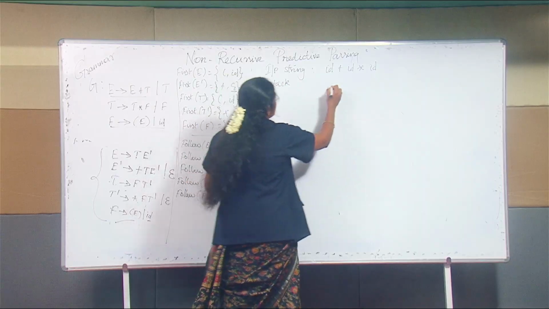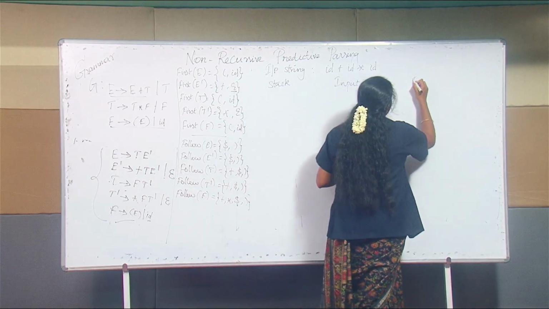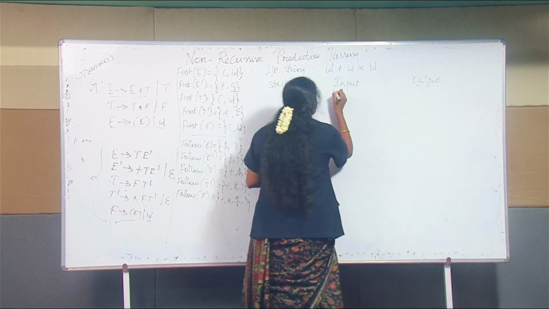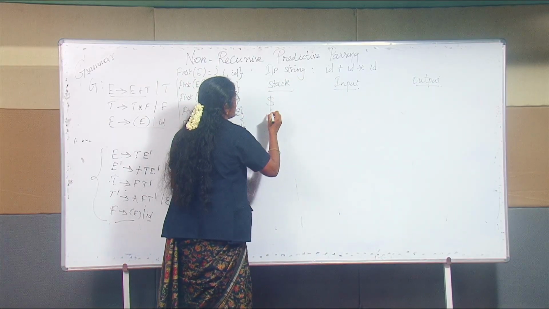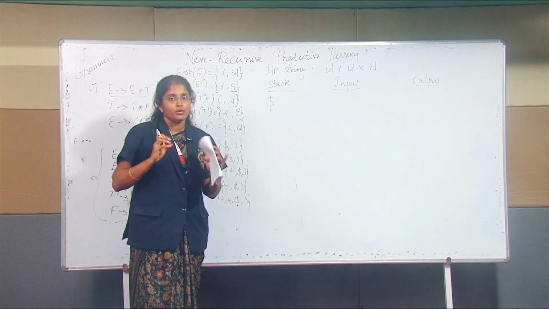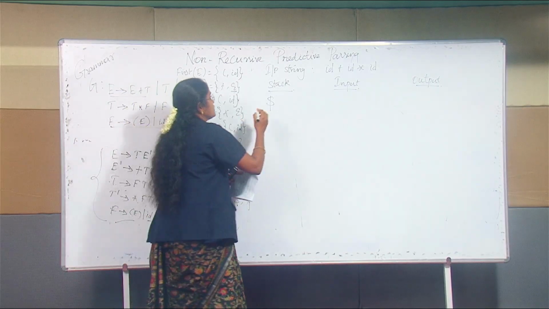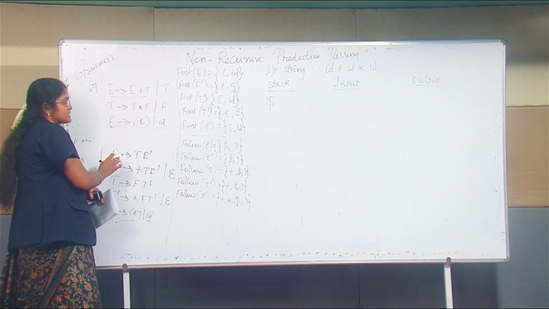For checking this, we need a stack, then our input, then our output. Initially the dollar symbol should be placed in the stack to start the process. Then we write the start symbol of the production; here E is the start symbol.